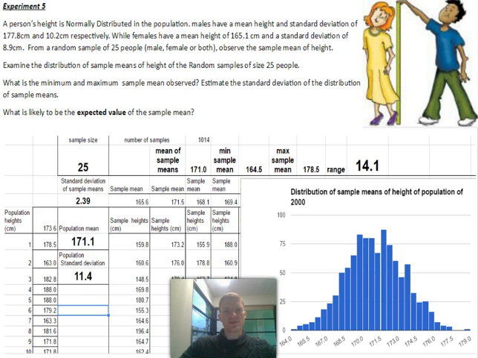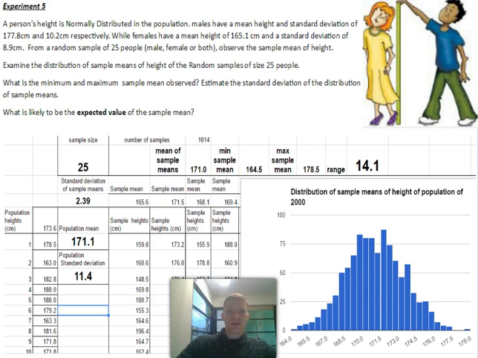A person's height is normally distributed in the population. We've got males and females in our population, and we've got some population parameters. Our male mean height and standard deviation are these quantities respectively, while the females also have a mean height and a standard deviation.